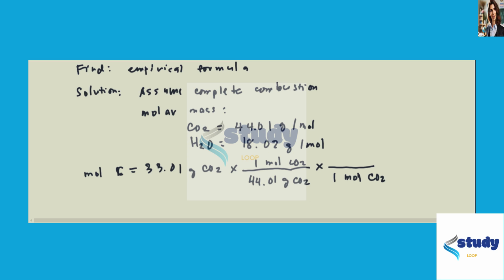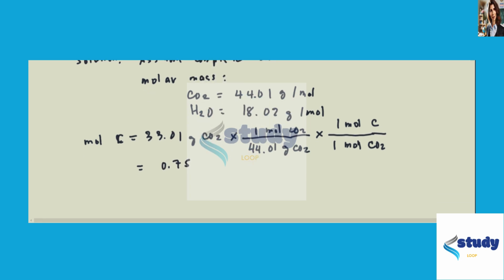We find that the subscript of C is 1, so that implies 1 mole of CO2 equals 1 mole of carbon. So we multiply the fractions, where numerators multiply and the denominators also multiply. So we get 33.01 over 44.01, or that's 0.75.